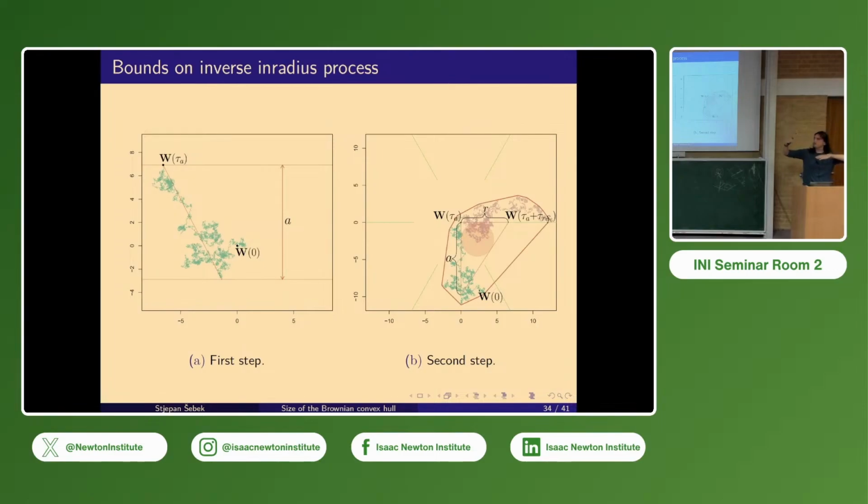from the origin. For us, what was important is that we first waited until we are sure that we have a segment of length at least A inside of our hull. Then we rotated the whole thing.